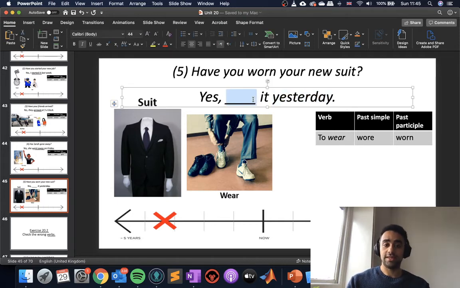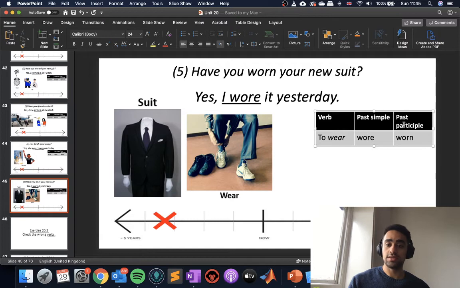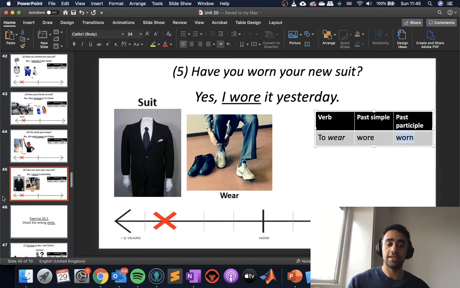Yesterday. So yes, I wore it yesterday. Wear is an irregular verb. The past simple of it is wore, the one I used, and the past participle is worn, which is used in the present perfect here.